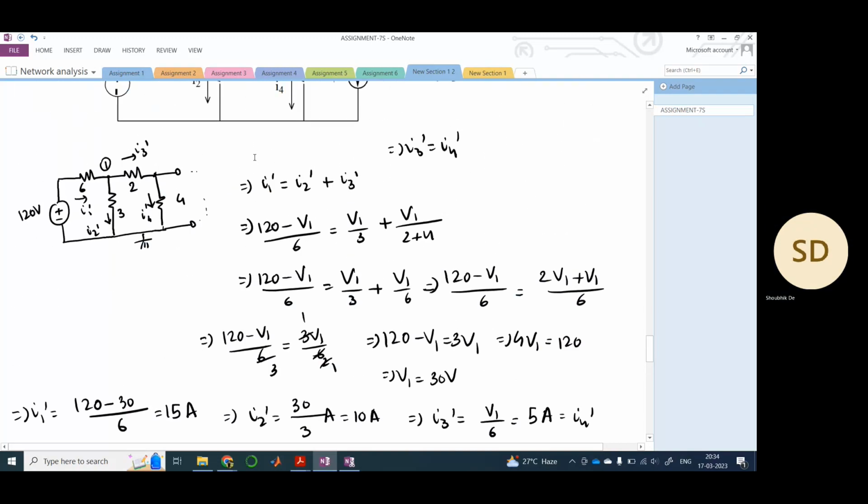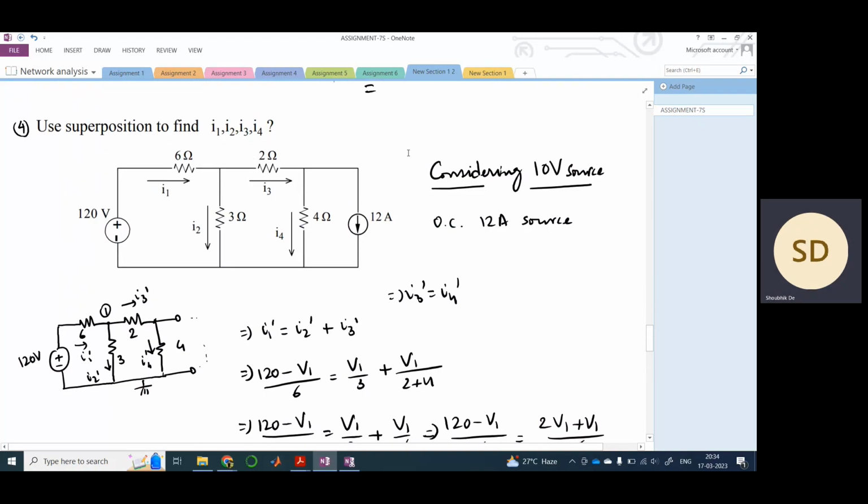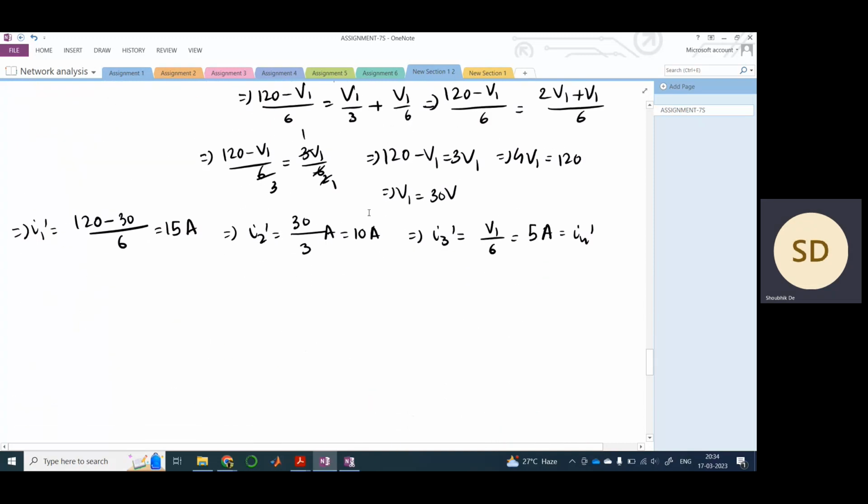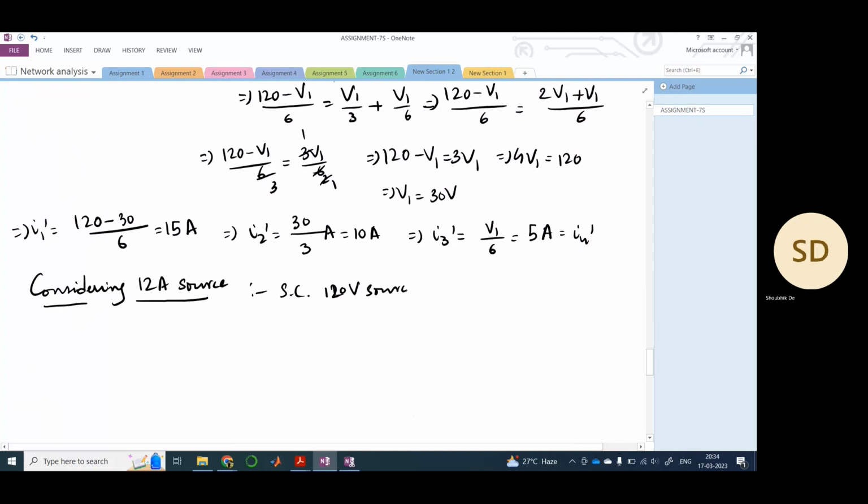Now coming to the second part, we are considering the 12 ampere source, right? So we need to short circuit the 120 volt source. So the equivalent circuit would look something like this now.